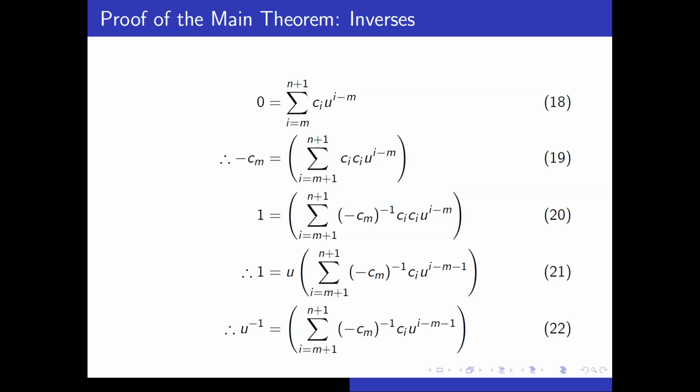But that's exactly what I needed. In order to show that u had an inverse, I needed to be able to show that I could take u and multiply it by something and get 1. Well, I've taken u, I've multiplied it by this, and I've gotten 1. So that means this beast is indeed the inverse.